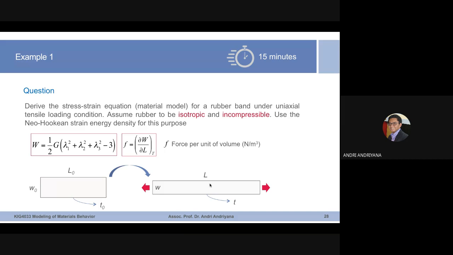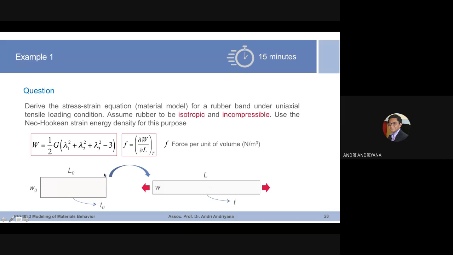Isotropic means that the properties are independent of directions, and incompressible, as we have discussed, means that rubber will deform at constant volume. This is the expression of the strain energy. Now I change the term from free energy to strain energy, which is half of G times this term, and noting that the force per unit of volume is the differentiation of W with respect to L.